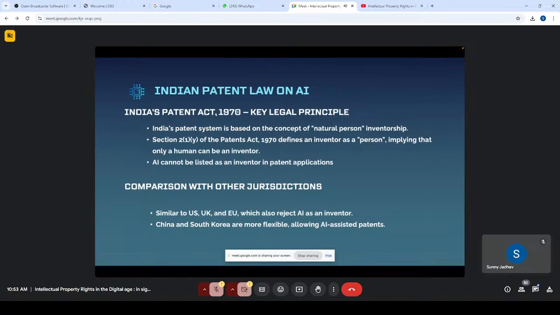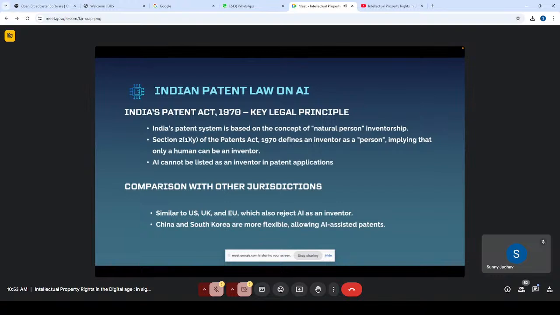Section 2(1)(y) of the Patent Act 1970 defines an inventor as a person, implying that only a human can be the inventor. AI cannot be listed as an inventor in a patent application because it is not human, and a very basic legal principle or legal foundation says that the inventor has to be the human and not any technology.